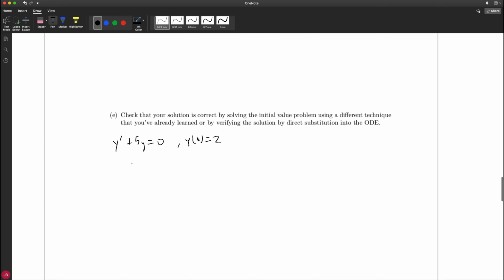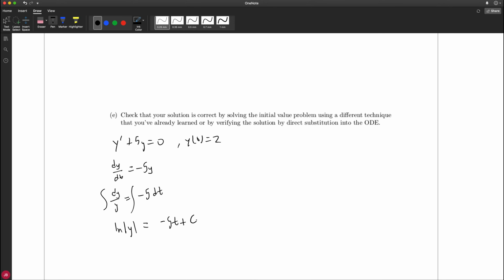Well, this can be solved, I think, via separation of variables. Notice this is dy/dt equals minus 5y if I just subtract 5y from both sides. You could also use reverse product rule, but I think this is going to be quicker. So we get dy over y equals minus 5 dt. So ln absolute value of y equals minus 5t plus c.